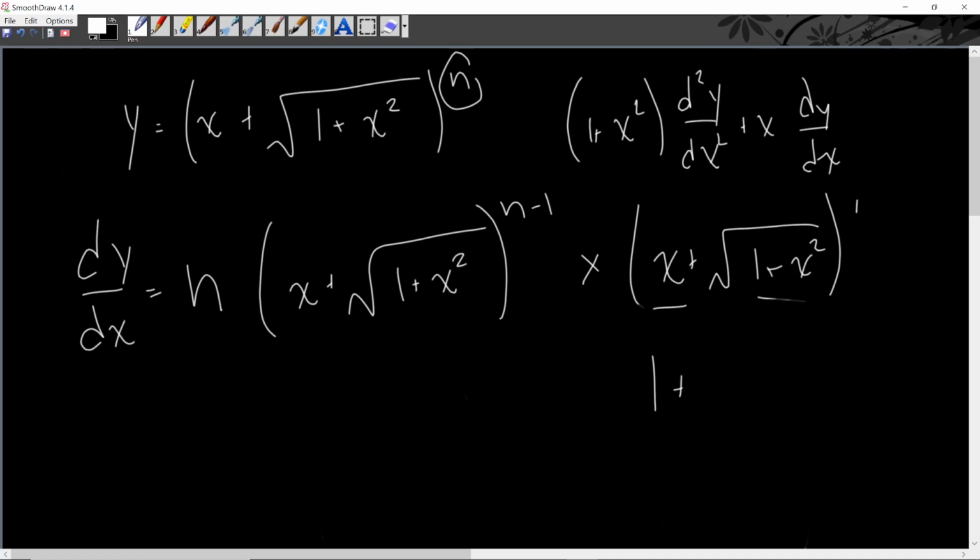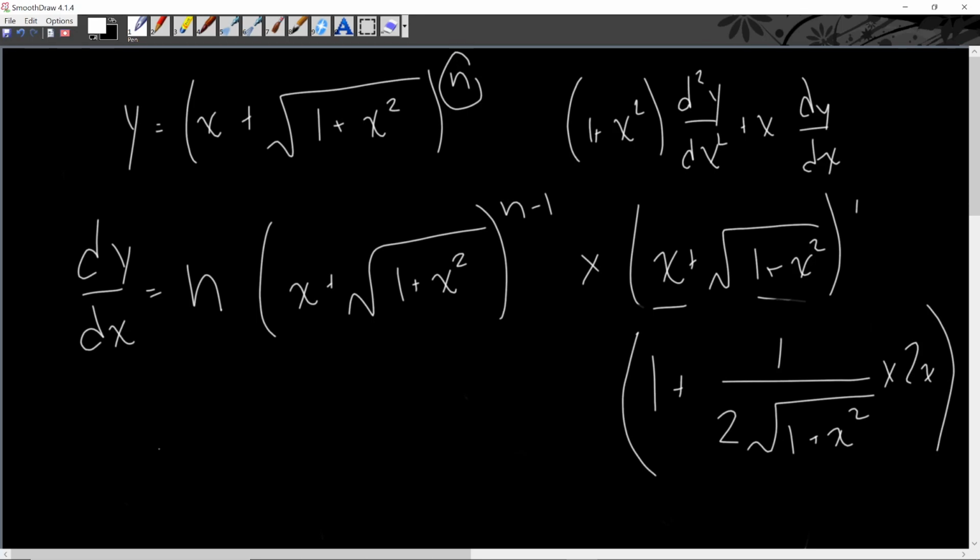So that's going to be 1 over 2 root 1 plus x squared, because this is 1 plus x squared to the power of negative 1 half, times derivative of the inside, which we said was 2x. All right? And then this is equal to n, x plus root 1 plus x squared, n minus 1.